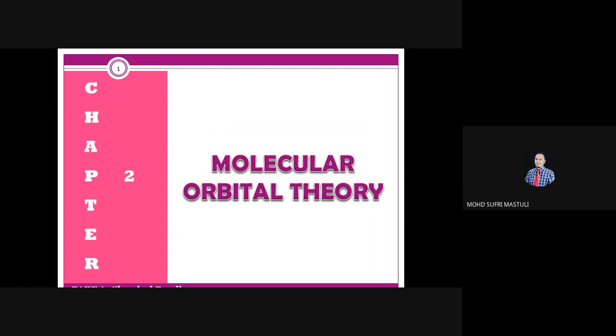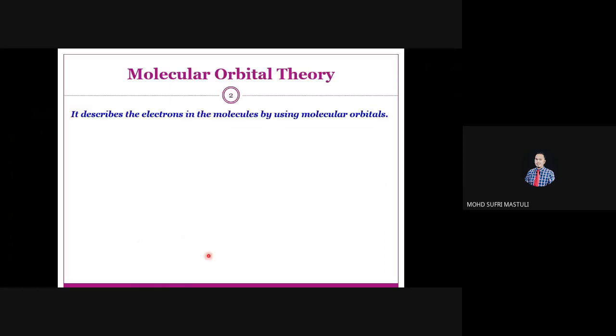Along the way, you should identify the reason to study molecular orbital theory. Molecular orbital theory describes the valence electrons in the molecule using molecular orbitals. In the valence bond theory, we describe the valence electrons by using atomic orbitals, the overlapping of atomic orbitals.